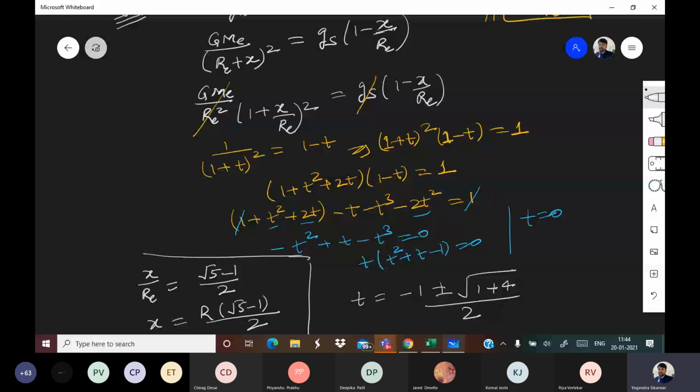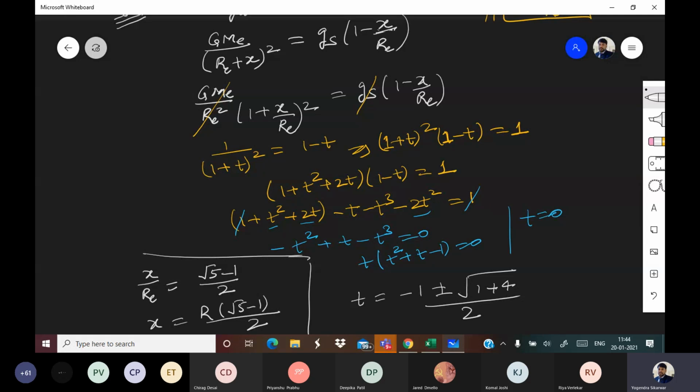But when height is not less, then the formula is G is equal to capital G Me upon Re plus h whole square. Okay. But when we go in depth, then there is only one formula, and that formula is G is equal to Gs into 1 minus d upon Re.